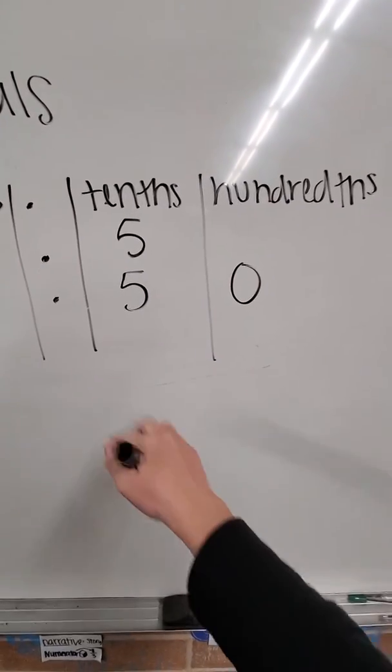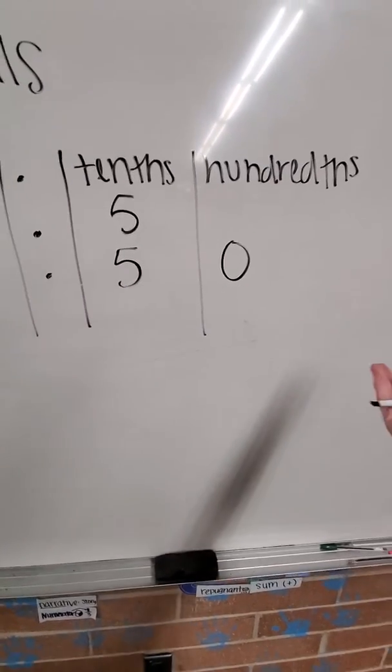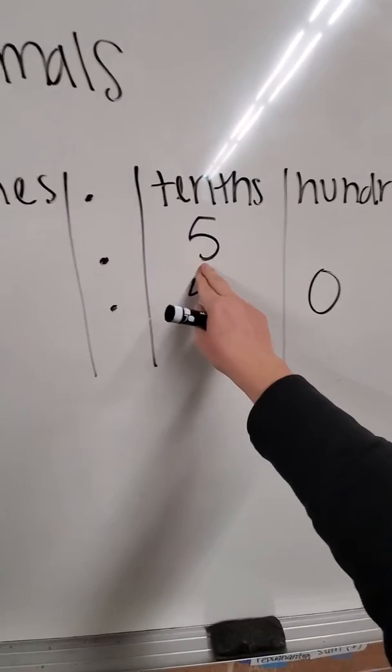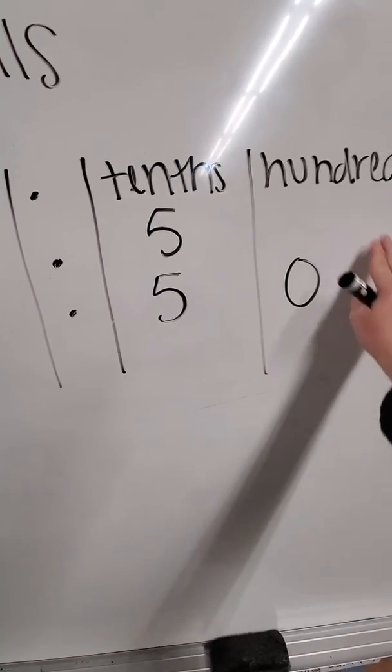And I always like to use my finger like this, 50 hundredths, because that is just the way that it might help students learn. Here we've got 5 tenths. Here we've got 50 hundredths.